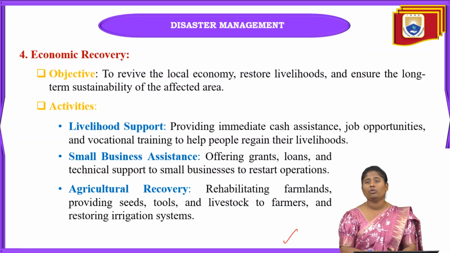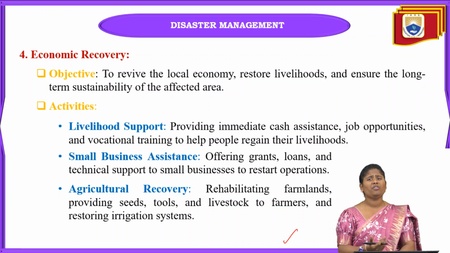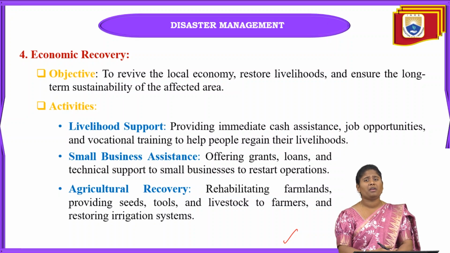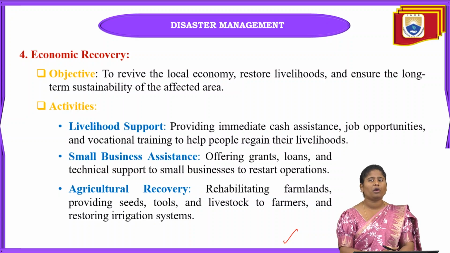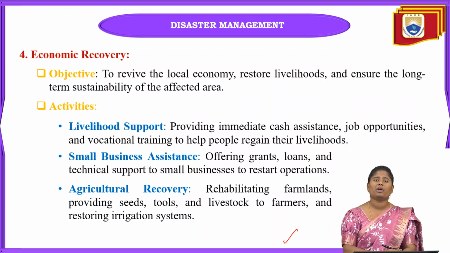We have to give immediate cash assistance or job opportunities, and also some training can be done to help people regain their livelihoods. And next is small business assistance. We can give small amounts or loans to the people affected in this disaster to start their new businesses, very small businesses like that.